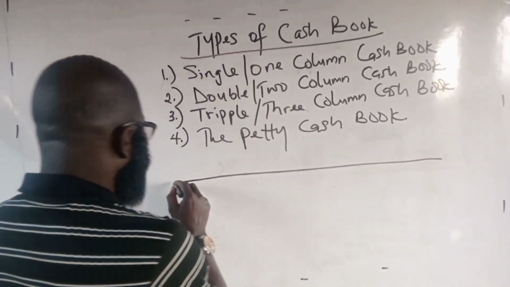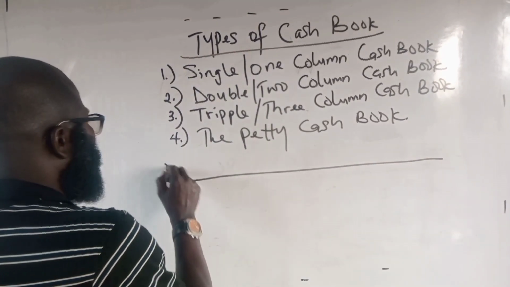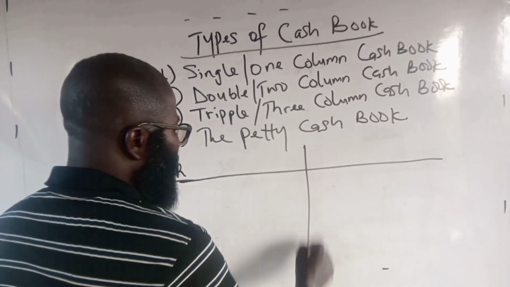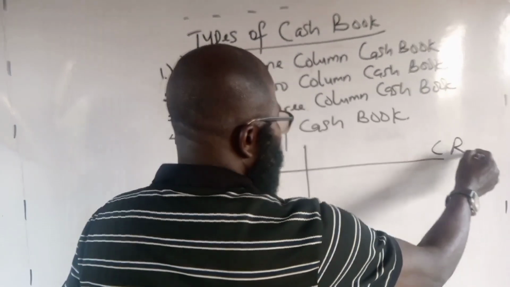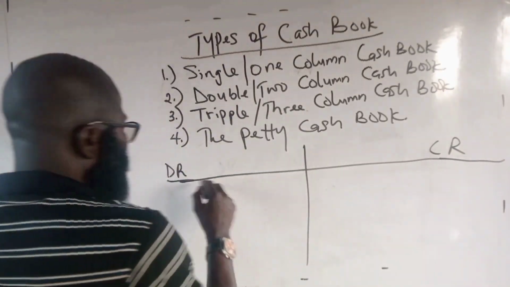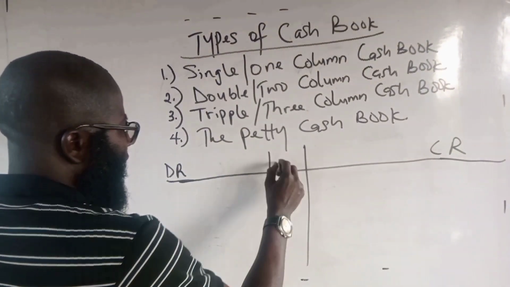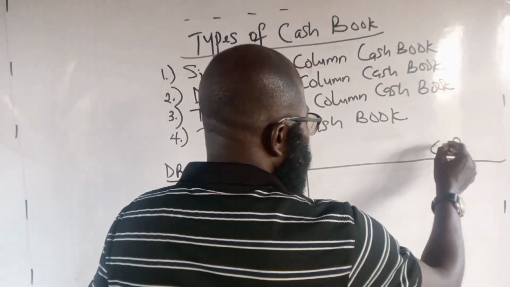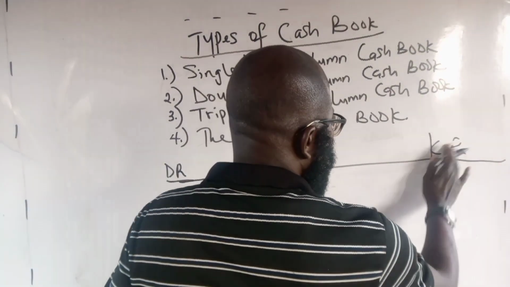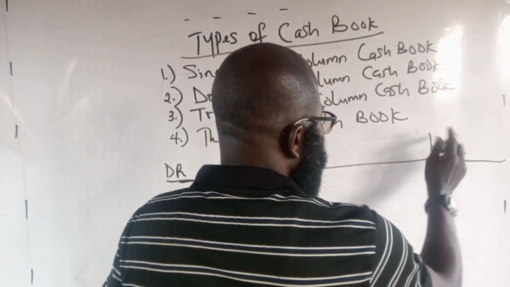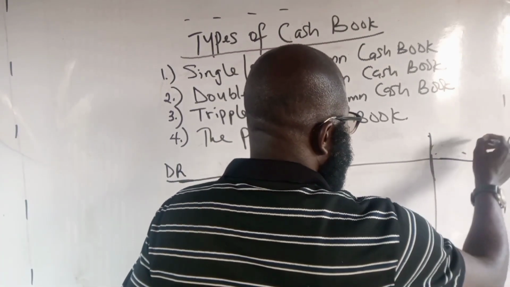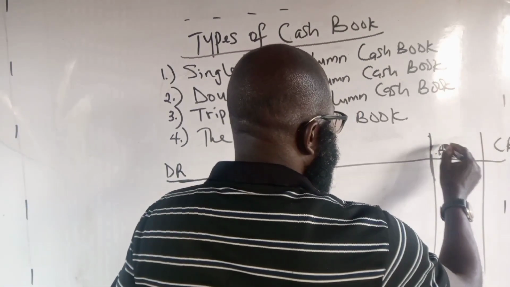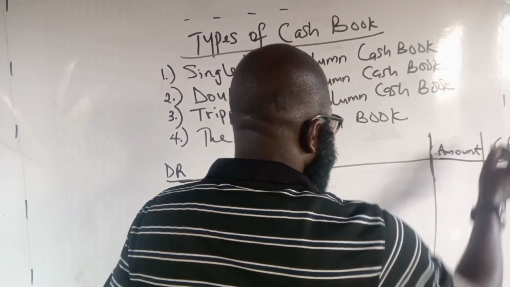Once you have your debit, and this as the credit side, then we are going to have an amount here. The same thing, we have CR here, and the same thing, we have an amount here.